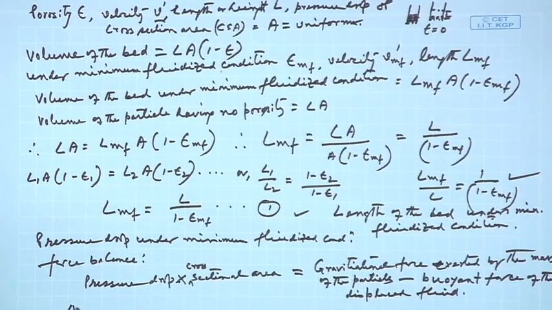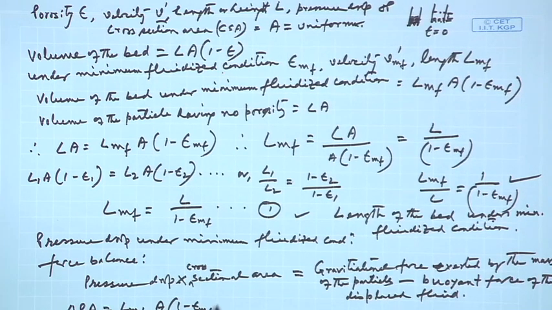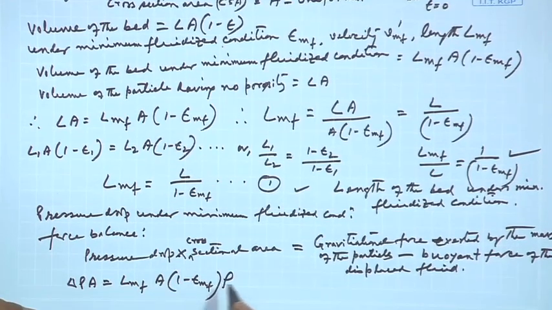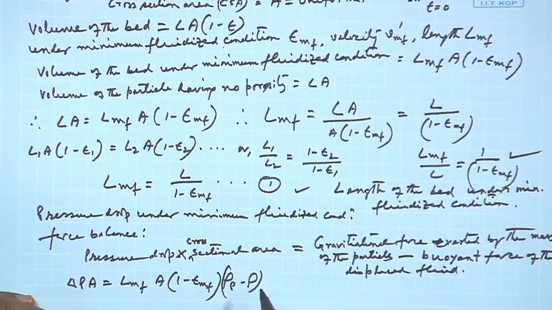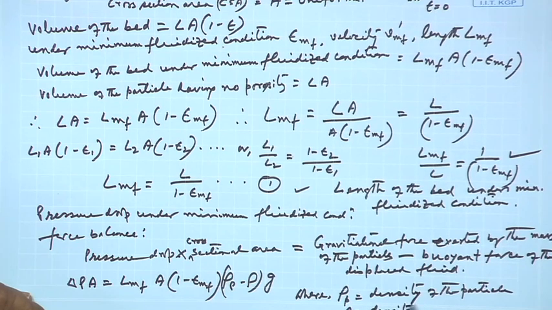Mathematically, we can write delta P A equals LMF A into (1 minus epsilon MF) times (rho P minus rho) into g, where rho P is the density of the particle and rho is the density of the gas or fluid.